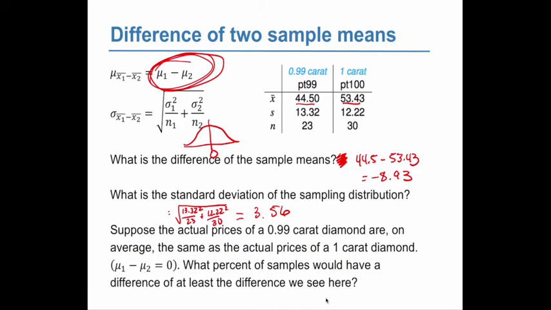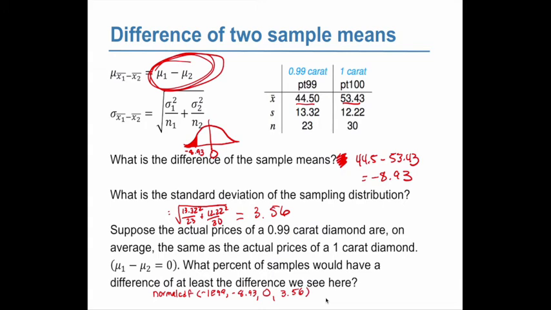We're assuming that the mean is 0, and we want to know what is the probability that we get a difference that is at least 8.93. So we can do this using the normal CDF with a lower bound of -1E99, an upper bound of -8.93, a mean of 0, and a standard deviation of 3.56.